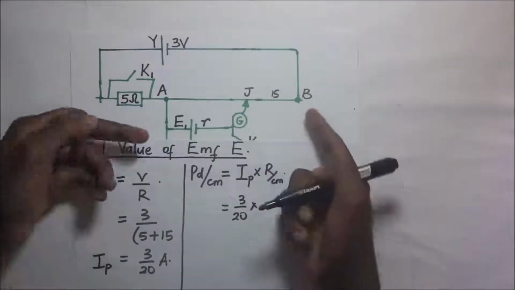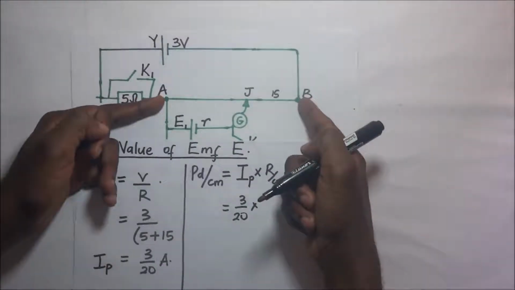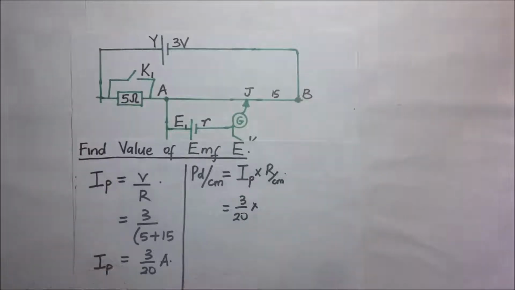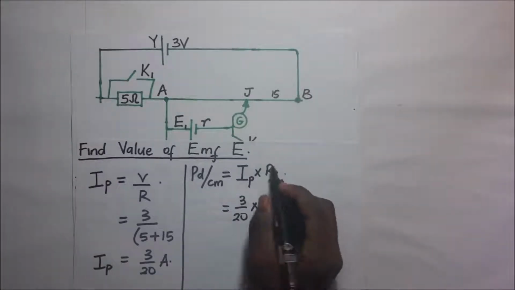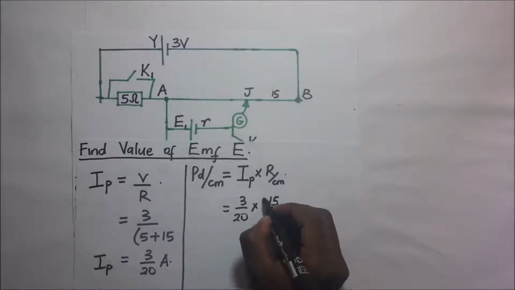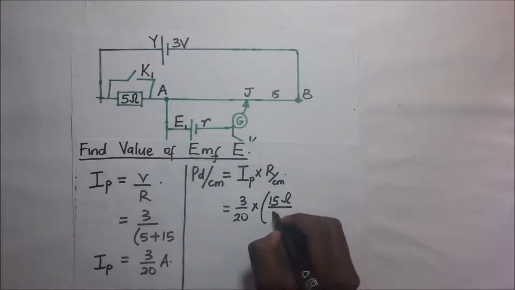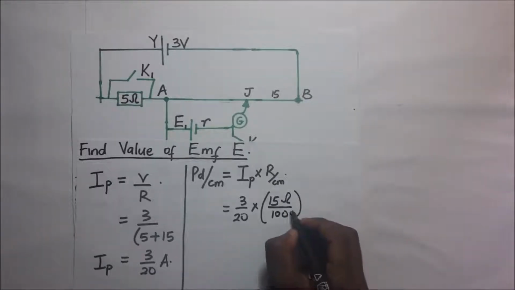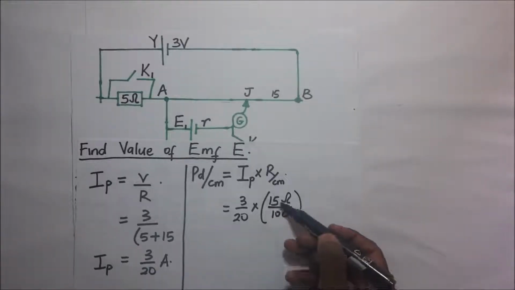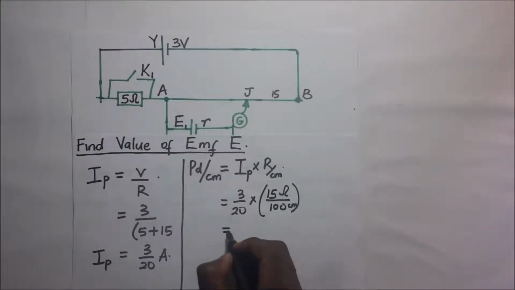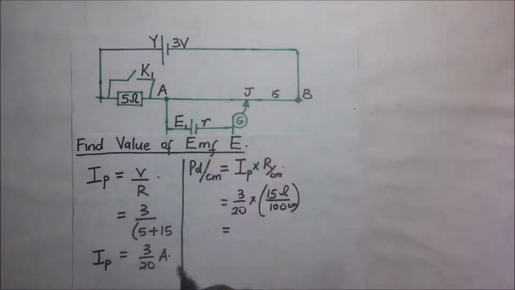Now the resistance per centimeter is gotten by taking the resistance of the whole wire and dividing it by the length of the wire in centimeters. The resistance here is 15 ohms, divided by the length of the entire wire, which is 100. So the resistance per centimeter is 15 over 100. And in this case, our PD per centimeter of the wire AB is going to be 9 over 400 volts per centimeter.